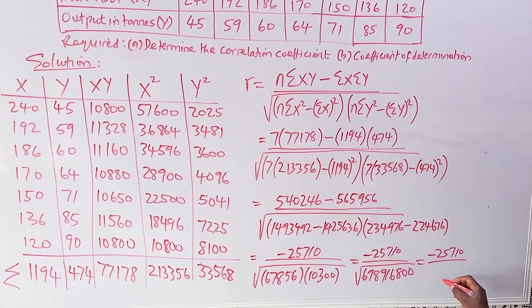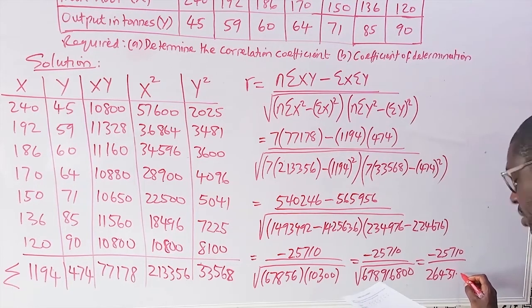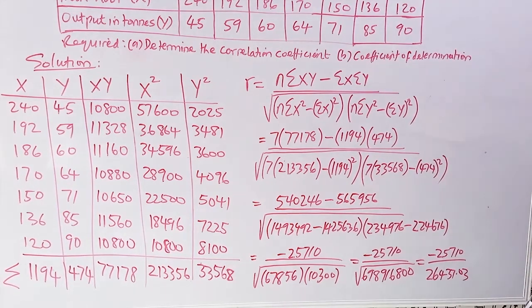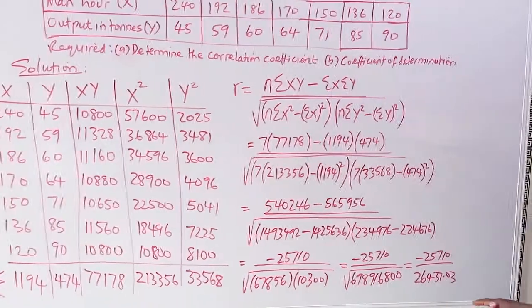The square root of this will give us 26,437.03.